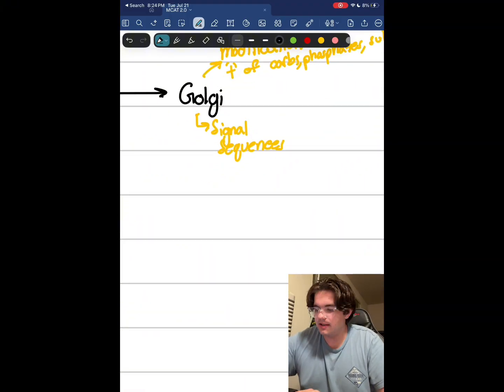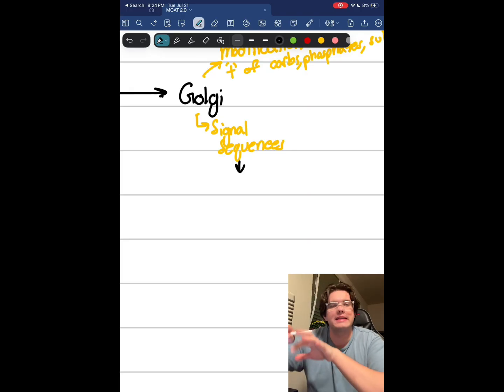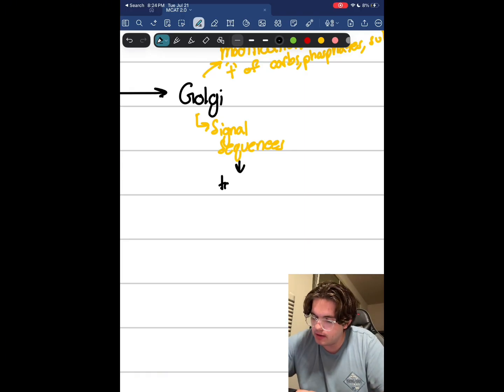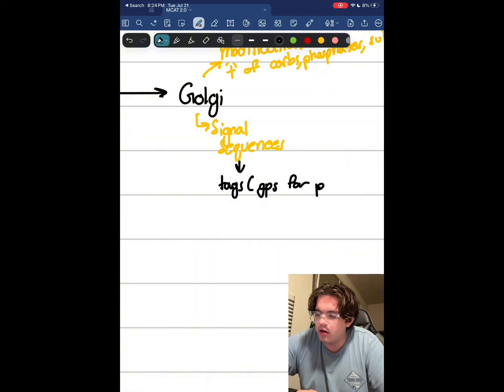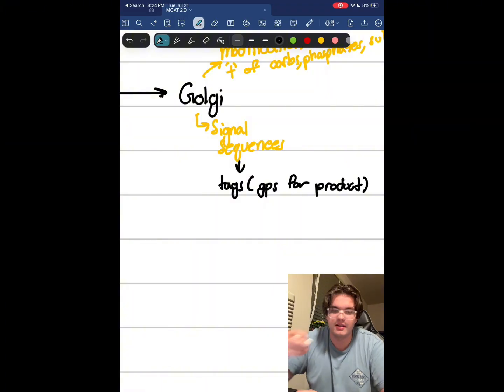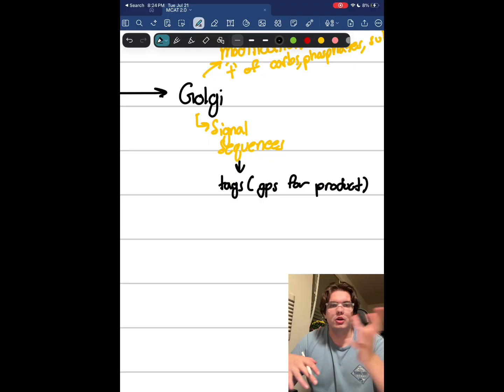But these signal sequences are basically just little tags along the product, and these tags tell the product where to go, right? Where in the cell, where outside the cell, just where do we go? So kind of like GPS for product. Just where is our product going? Is it going to the mitochondria? Is it going to a lysosome to be destroyed into nutrients? What is it going to, right?